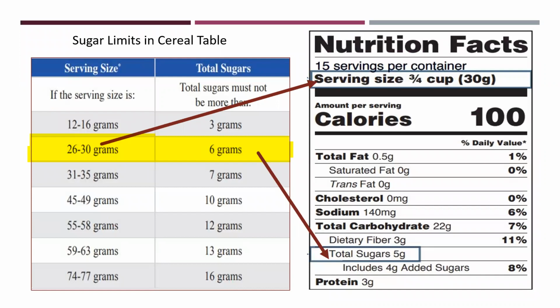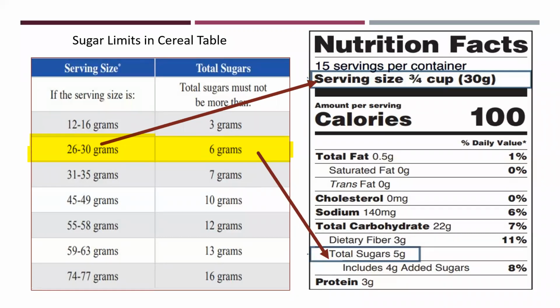This table identifies whether a cereal you want to serve meets the sugar limits in CACFP. The left-hand column of the table lists the serving size of the cereal. The right-hand column of the table shows the amount of sugar that can't be exceeded in order for the cereal to be creditable. In this example, the serving size is 3/4 cup or 30 grams.